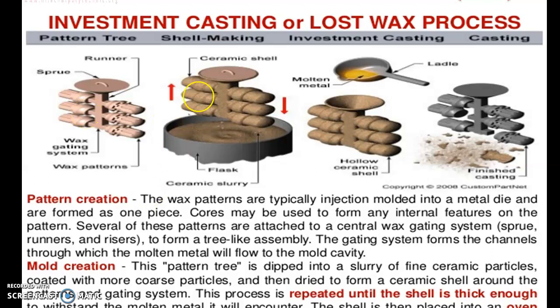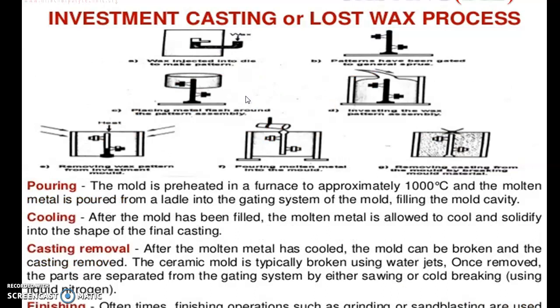Let us discuss how these are prepared. First of all, a master pattern is made of wood or metal, around which a mold is formed. It consists of an alloy of low melting point which is poured over the metal pattern.